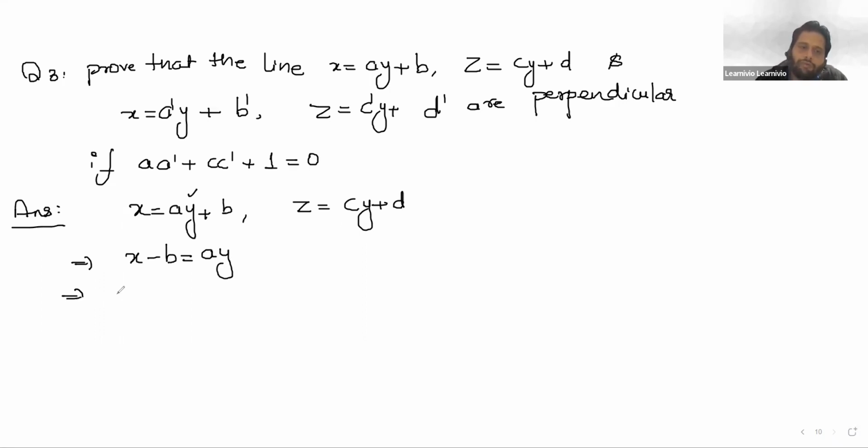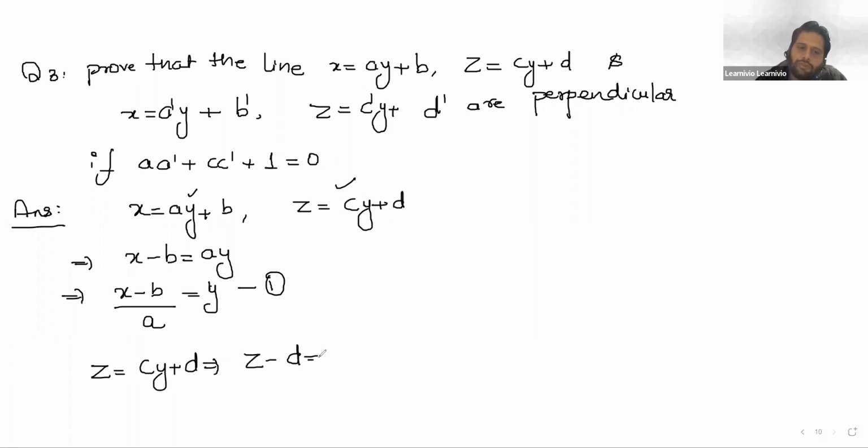This will give x minus b by a is equal to y. Let this be 1. Now z is equal to cy plus d, so z minus d is equal to cy, so z minus d by c is equal to y. This is 2.